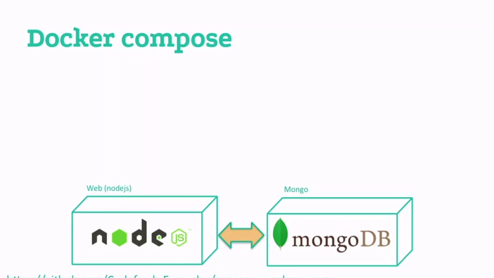Now, as the first step, we will manually run each and every one of these containers. We'll first run the MongoDB container, then we will run the Node.js container, and we will pass an environment variable to it that will allow this microservice to connect to the MongoDB.